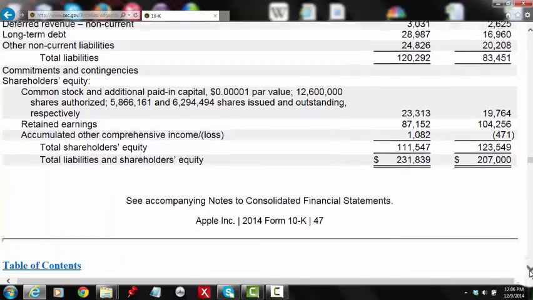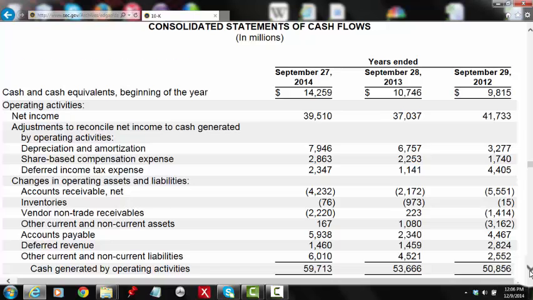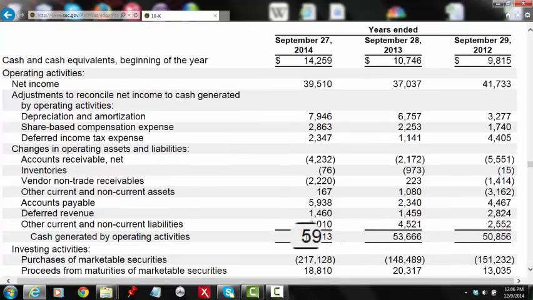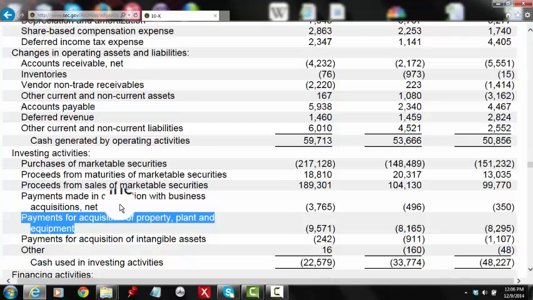Okay. Now, if you look at the cash flow statement, the company generated about $60 billion of cash. Okay. And in the investing, they have invested around 10 billion in capital expenditure. And they have paid some money for the acquisitions.